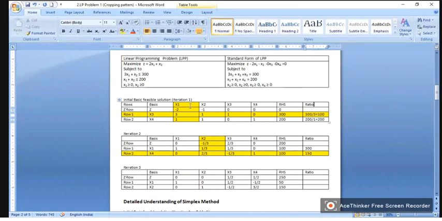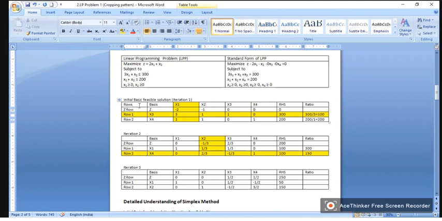The columns in between depend on the number of variables. Because we have 4 variables, we get 4 columns. Now let us come to the rows.